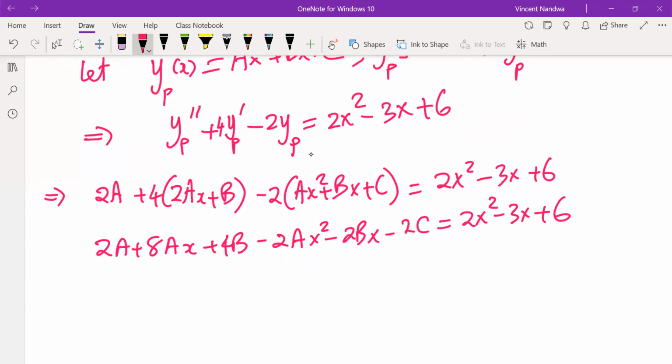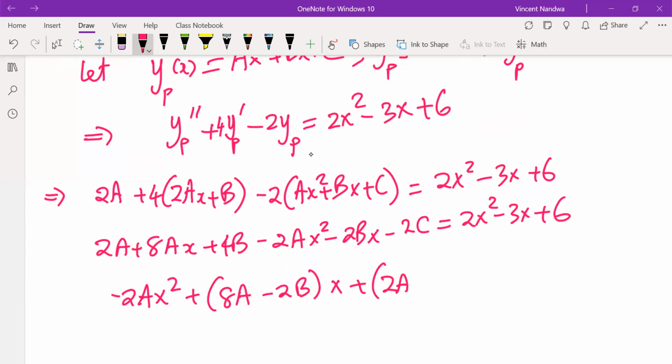So we rewrite this as negative 2ax squared plus (8a minus 2b)x. The constants, we have 2a plus 4b minus 2c. This should give us 2x squared minus 3x plus 6.